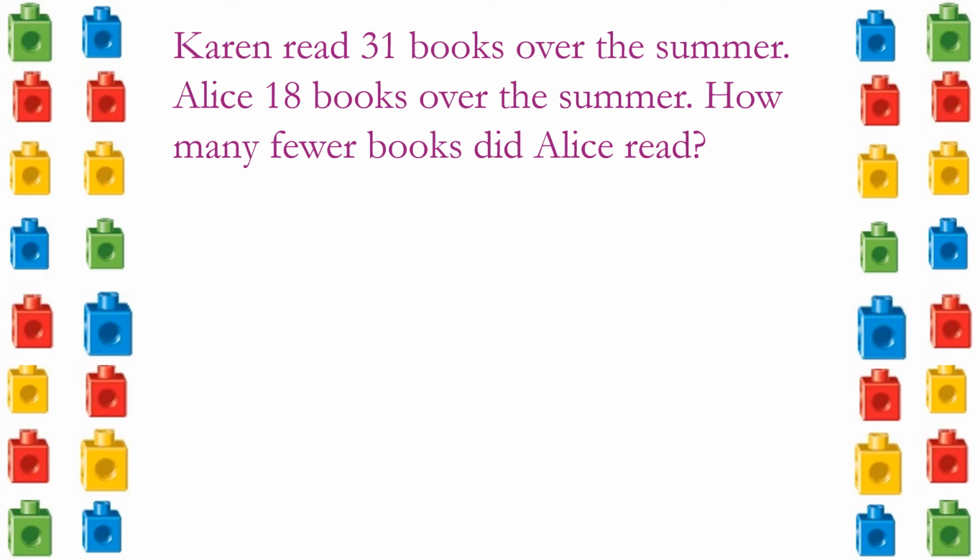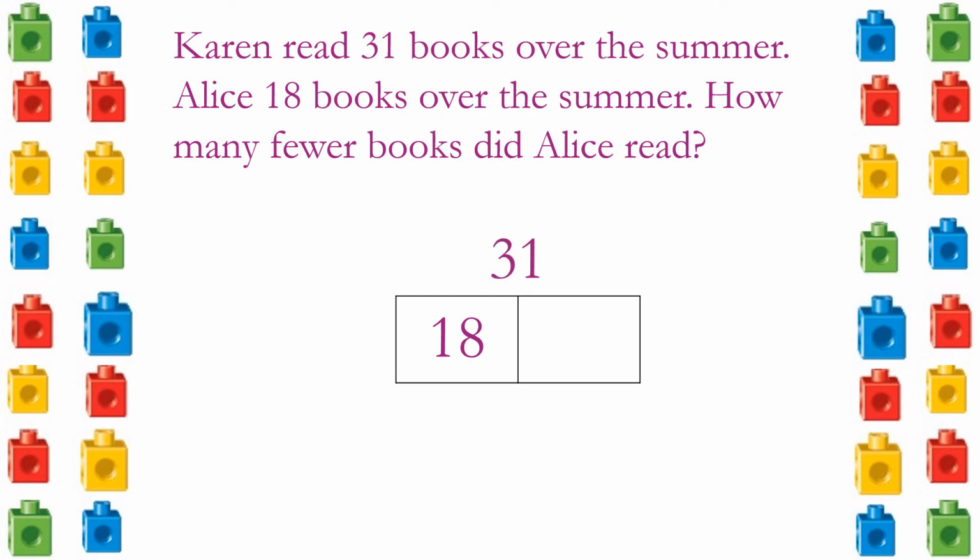Okay, last one. Karen read 31 books over the summer. Alice read 18 books over the summer. How many fewer books did Alice read? Well, Alice had 18, and we need to know how many more Karen read, or how many fewer Alice read. Well, we'll put the bigger number up top. We'll start at 18, and we'll keep counting until we get to 31.